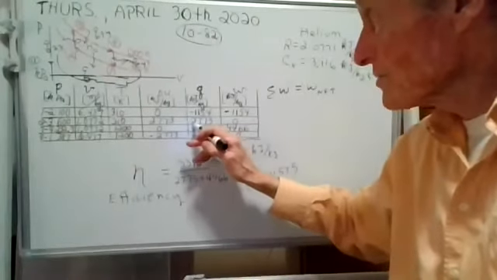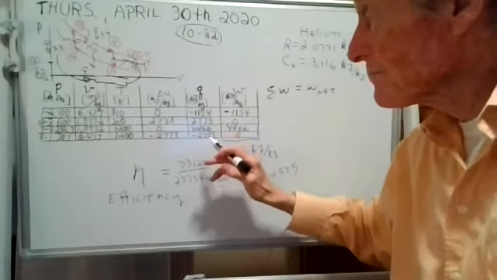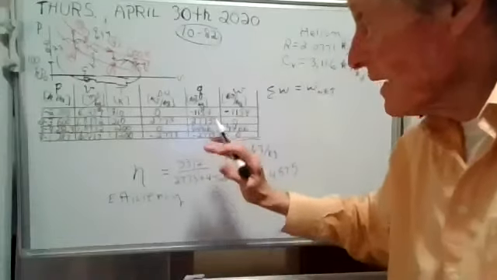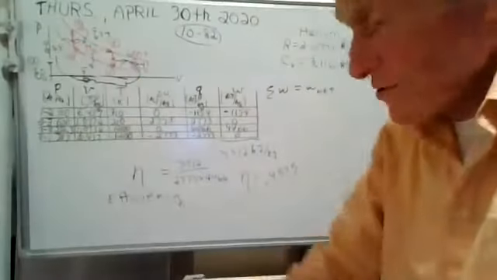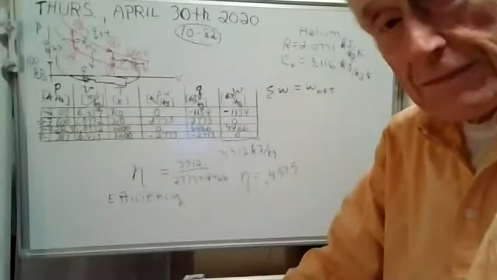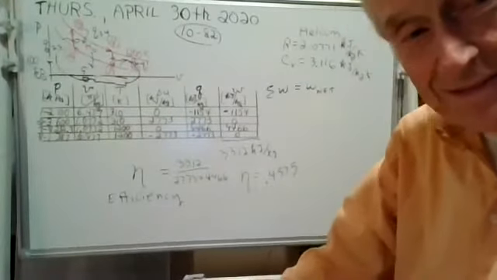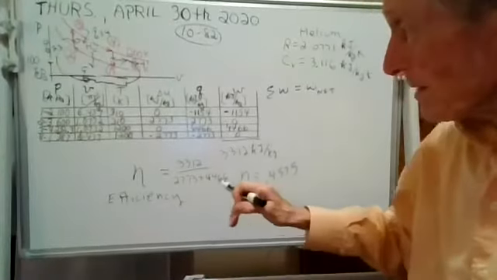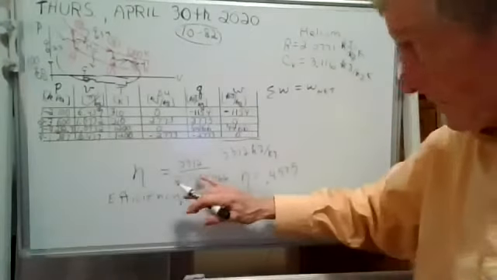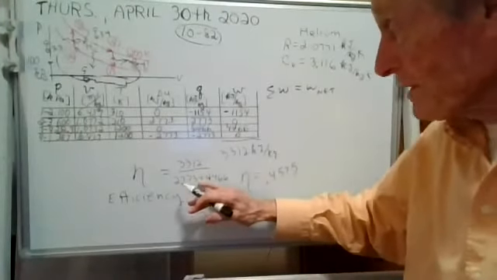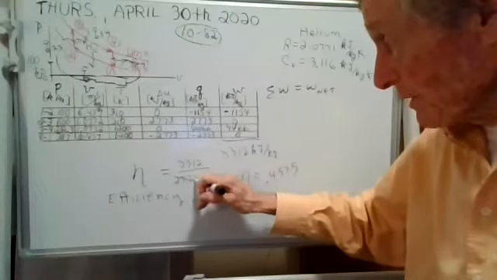See, Q23 is 2773 going in. That way you don't have to pay for that. Somebody said something? Okay, so if you have a regenerator, you don't have to pay for that 2773. You get rid of it.